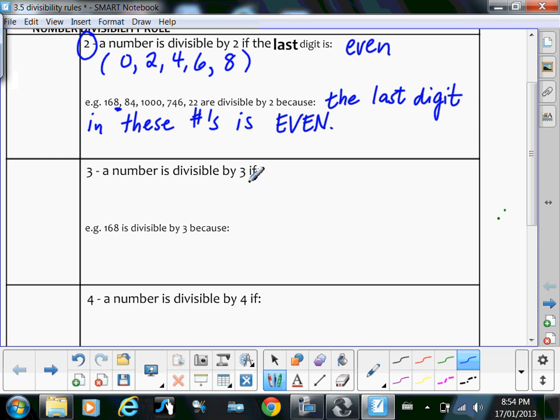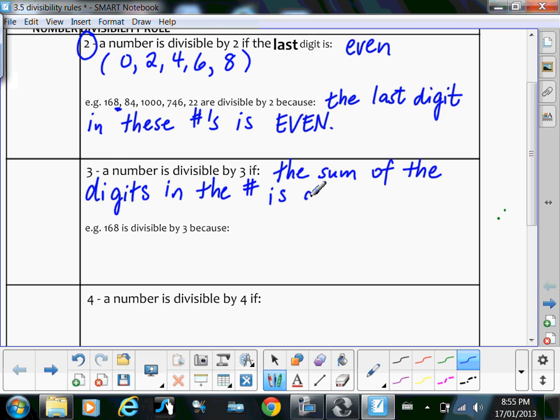A number is divisible by 3 if the sum of the digits in the number is divisible by 3. Now, this may not make sense yet, so that's why we have to do the example to show how this divisibility rule works.